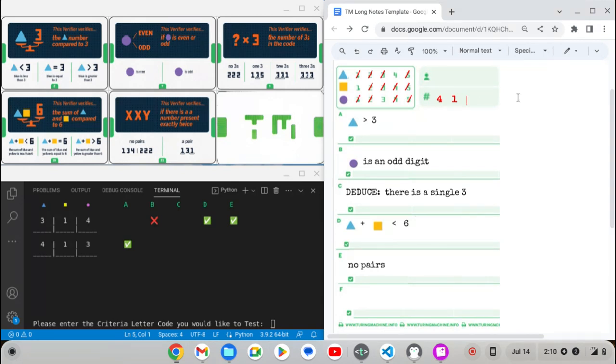It should be 415, and so I'll deduce that there is no single 3. Here, let me do this so that I preserve my mistake. Well, I'll just type it this way. There is no single 3.